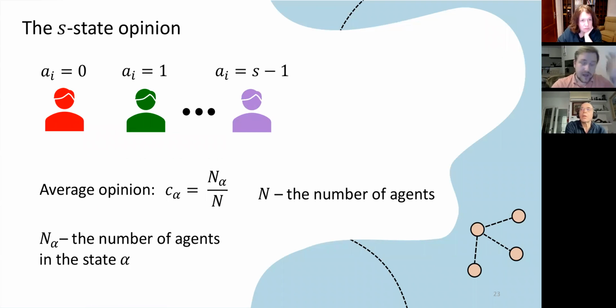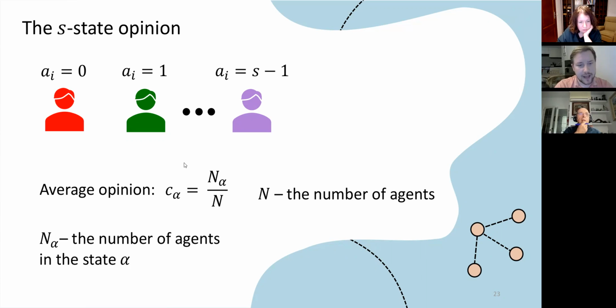So I will have an S-state model right now, and I will denote each state with value 0, 1, 2, etc. up to S-1. But once again, you can denote it as you like. It doesn't really matter. This is just easier for us to track analytically and to describe the model. So I will do it like this.